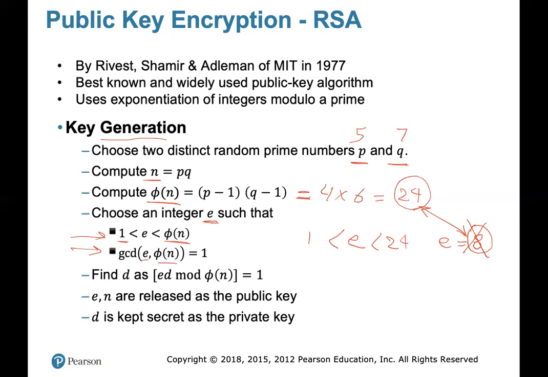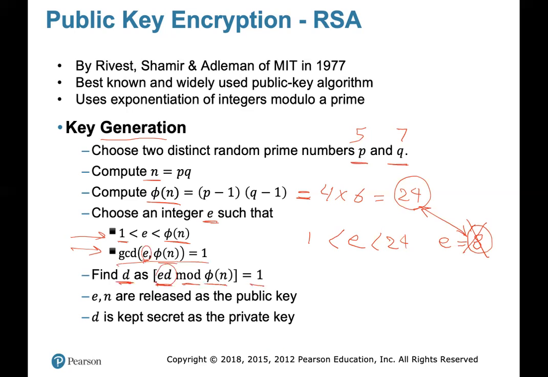So E is a number between 1 and phi n, with this property that the greatest common divisor of E and phi n is 1. Then, having E and phi n, we find D such that E times D mod phi n equals 1, which means that E times D is co-prime with phi n.